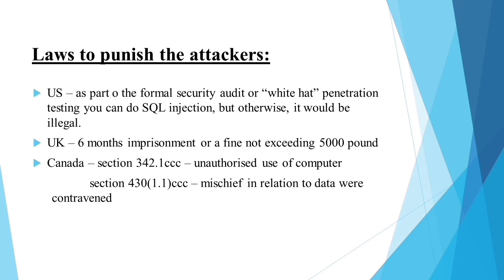In this case, both section 342.1 of the Canadian Criminal Code, short form CCC, unauthorized use of a computer, and section 430(1.1) CCC, mischief in relation to data, that is damaging data, were contravened.